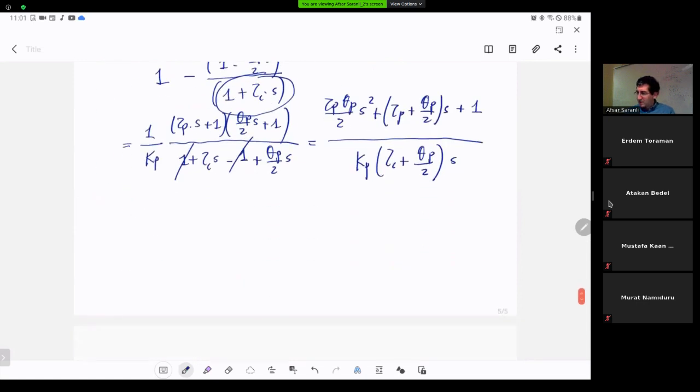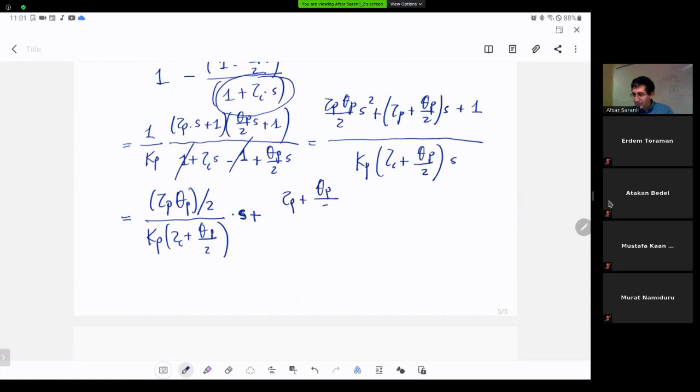So let's make the division. I will have tau p theta p over 2 over kp (tau c plus theta p over 2) times s, plus again (tau p plus theta p over 2) divided by the same denominator, kp (tau c plus theta p over 2).